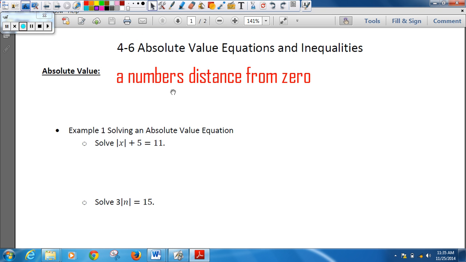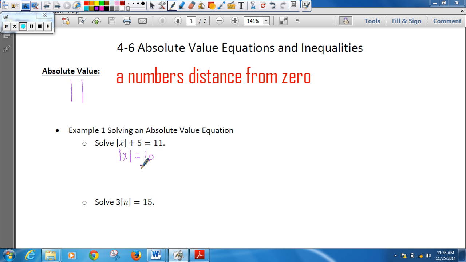So if we look at example 1 here, we have solved the absolute value, because remember our absolute value sign is your straight lines, plus 5 is equal to 11. So if I solve this, I'm going to minus 5 from both sides, so the absolute value of x is equal to 6.